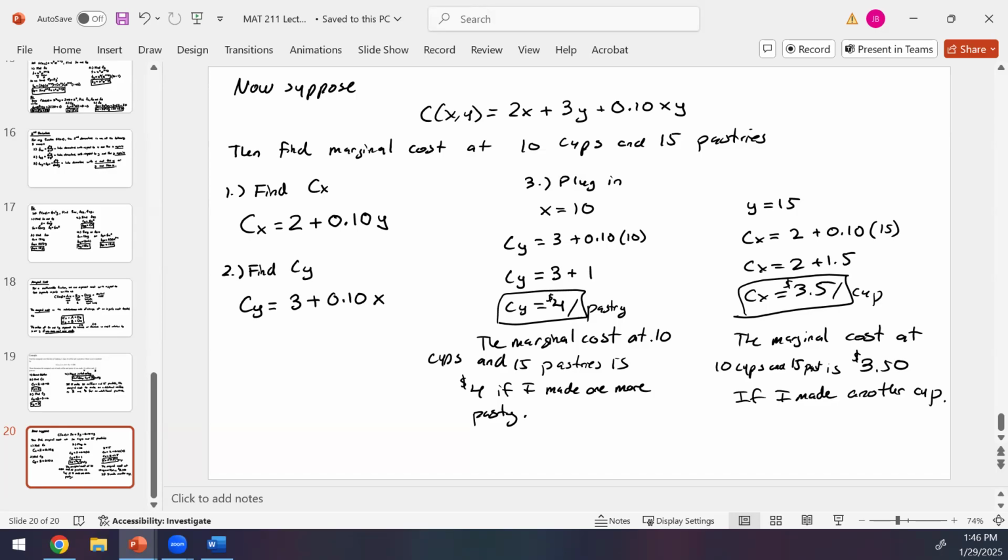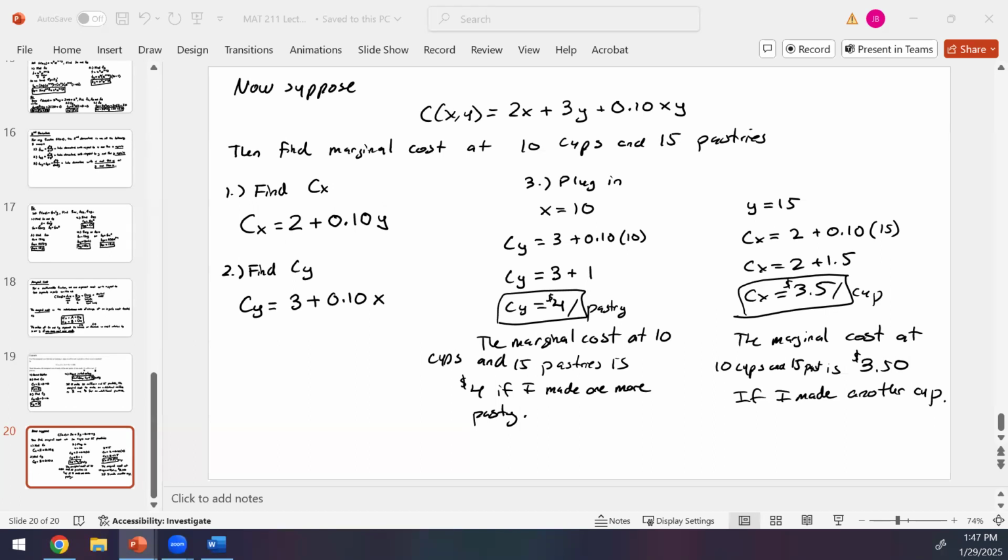Because although not obvious the way we write it, this technically right here is like cy of x comma y, right? And this is cx of x comma y. So they are taking two inputs. So you don't ever just plug in one number into them. So I want to make that very clear. You still have to talk about both the 10 cups and the 15 pastries in both respects.